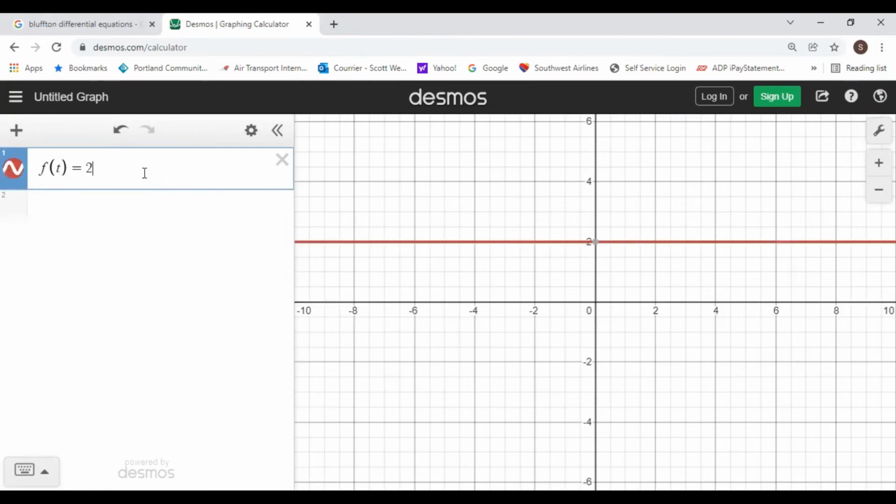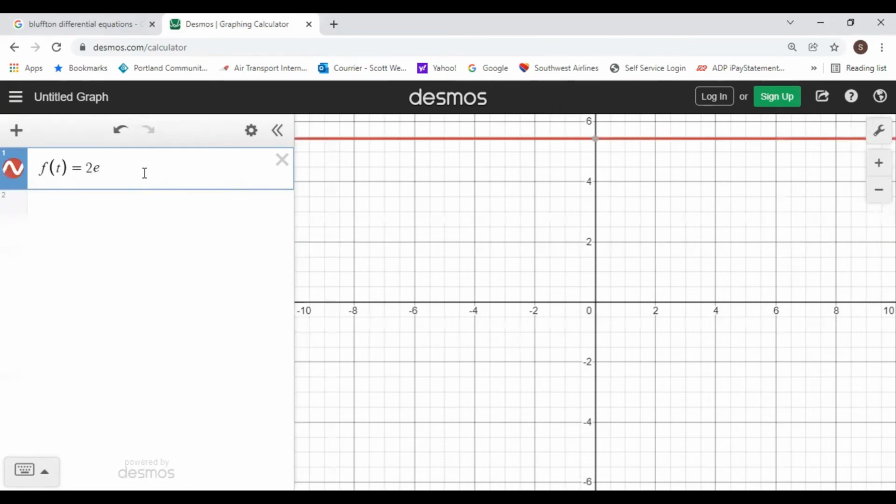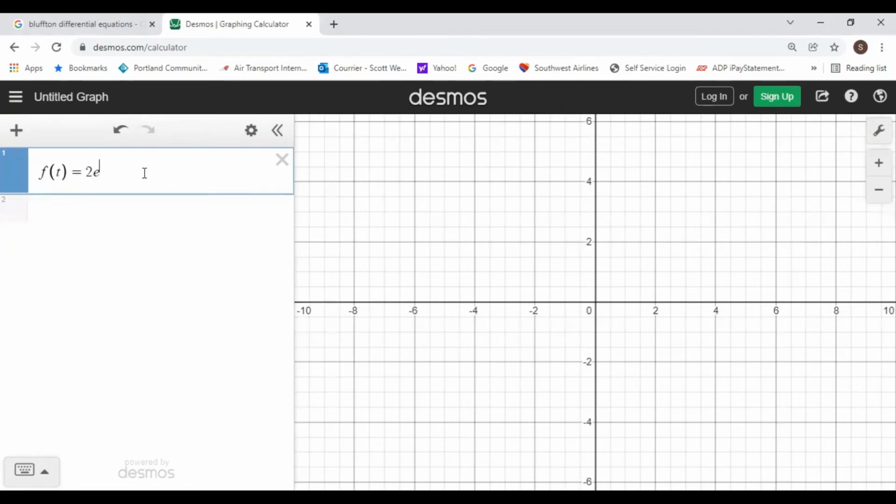So it's 2e to the negative 3t plus 4e to the 2t, and I'm just doing this so that I've got a formula for the x coordinates and a formula for the y coordinates.